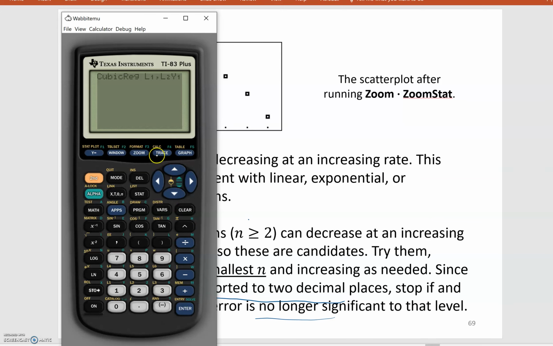Forgot my parentheses again. All right, calculate the SSE. Okay, this is looking good. Now let's go to the average error.